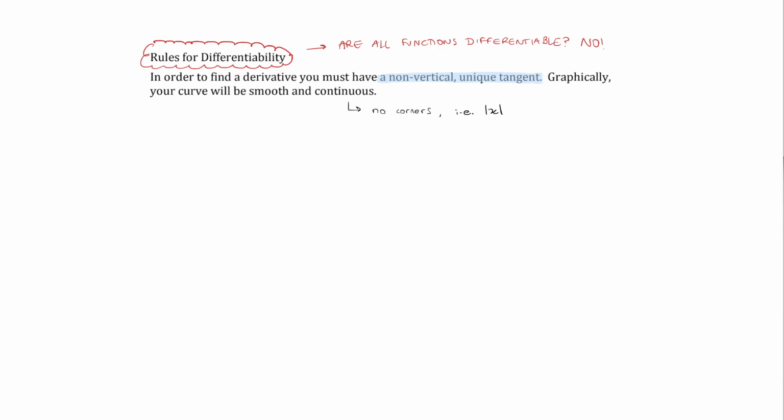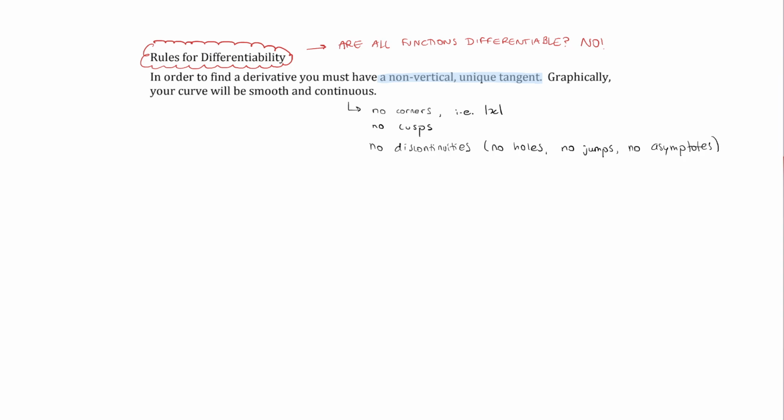We also cannot have any cusps, and we cannot have any discontinuities, okay? So that means no holes, no jumps, and no asymptotes.